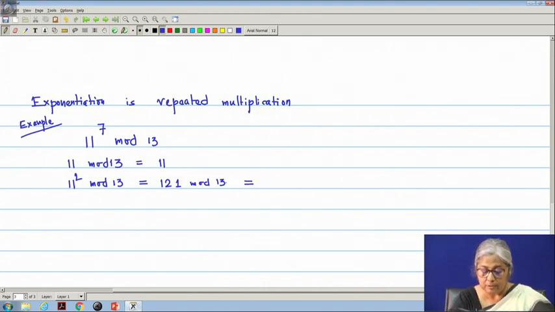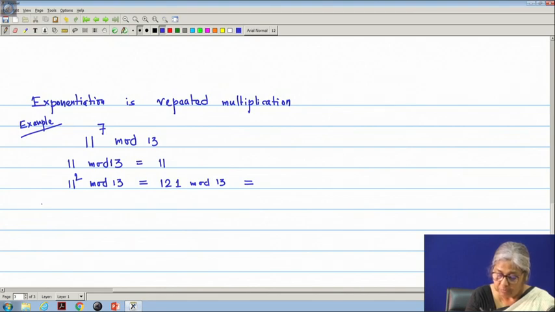So, if I divide that, what is 121? 9 into 13 is 117, plus 4.